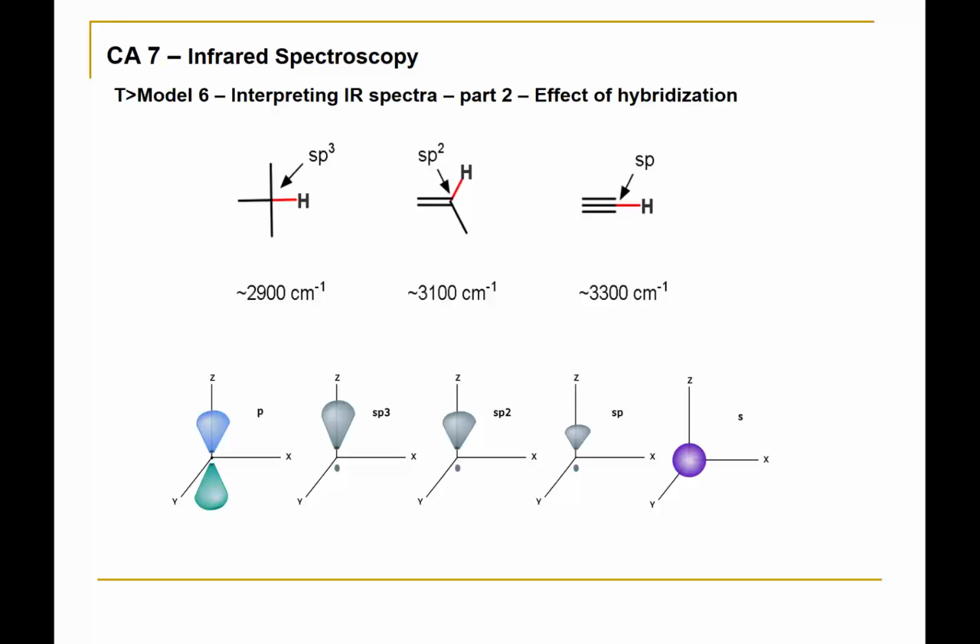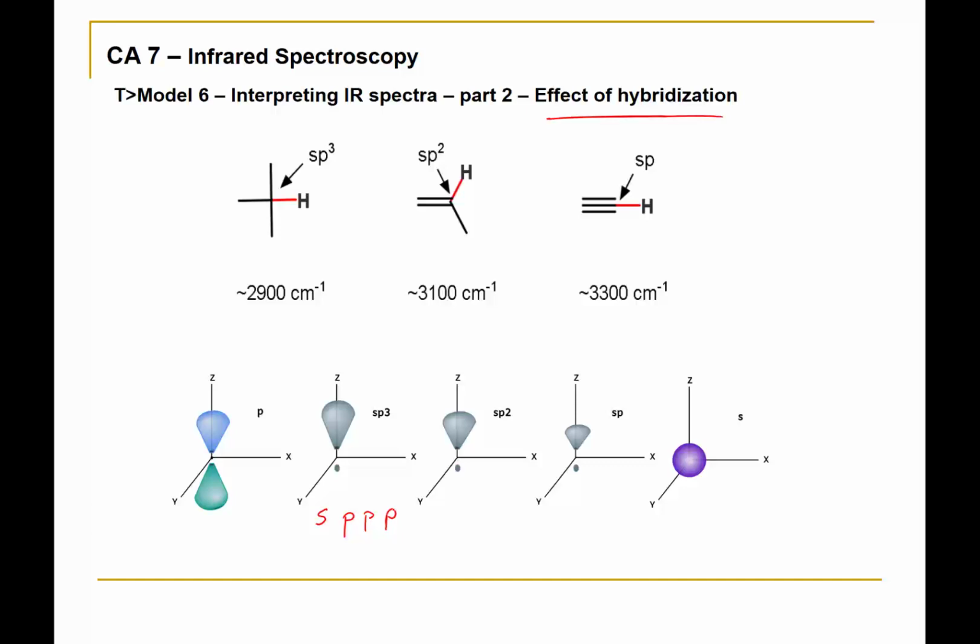Let's try to explain why that might be the case. Essentially, we're looking at the effect of hybridization on the signal. You may recall that an sp3 hybrid orbital is the result of combining one s orbital with three p orbitals. As a result, 4 sp3 hybrid orbitals are generated.